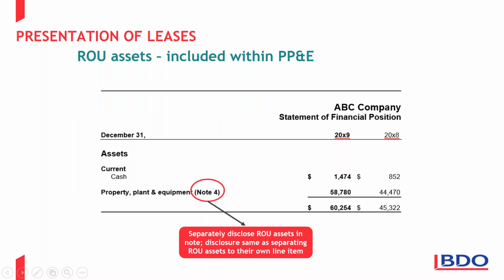If you look at right of use assets included within property, plant and equipment, there are different ways that you can do it. You could say, here are my assets. I've got property, plant and equipment just in one number in my statement of financial position. And then in note 4, you can break it down a bit further.